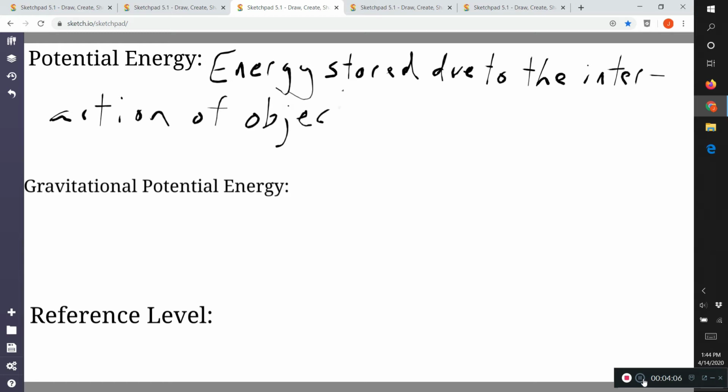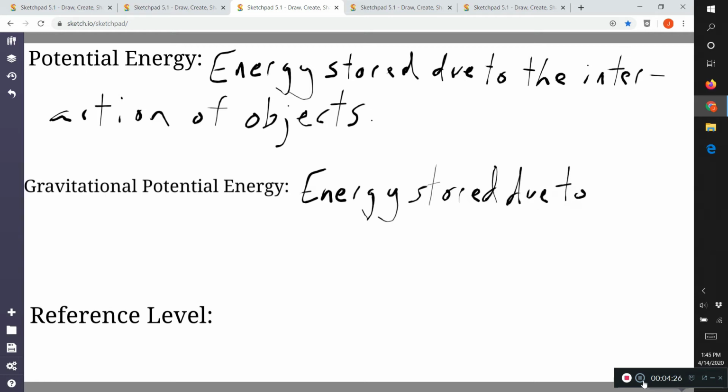Examples of this include, as we talked about before, gravitational potential energy. Gravitational potential energy is energy stored due to gravitational pull.